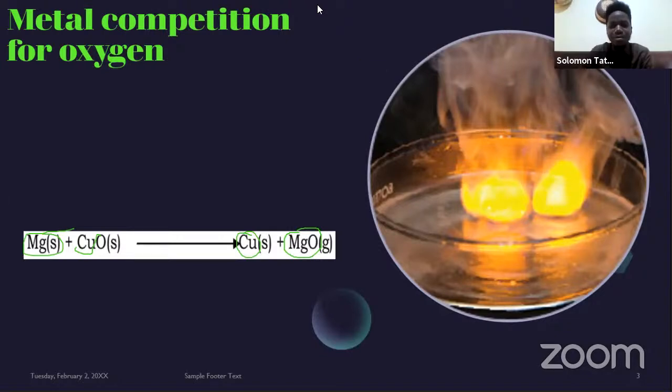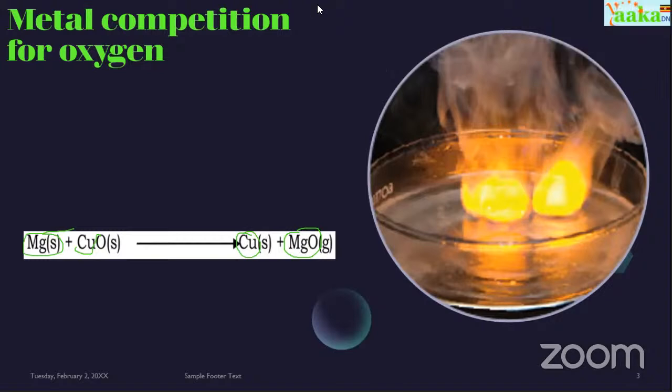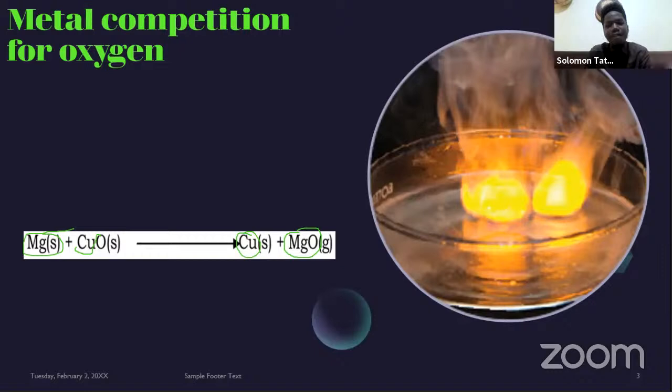Is it more reactive or less reactive? It's highly reactive. Okay, very good. So magnesium is more reactive than copper. This is why it is able to displace the copper from the oxygen atom so that it can take it up by itself. So that's an example of how the reactivity series works in real time.